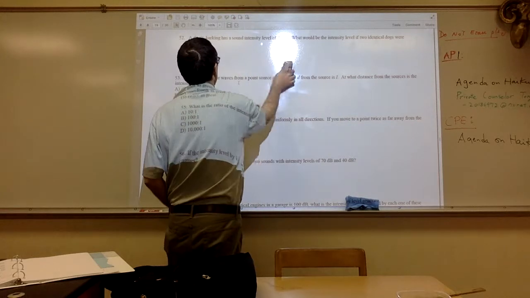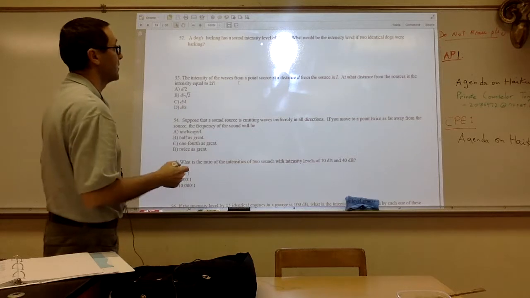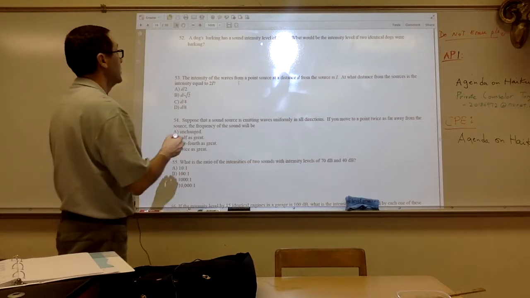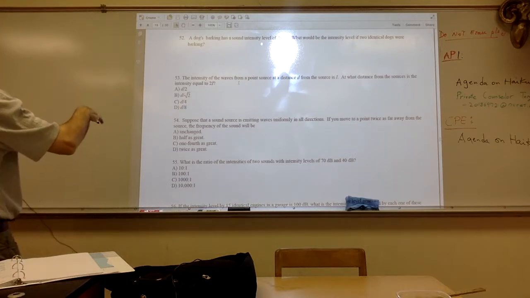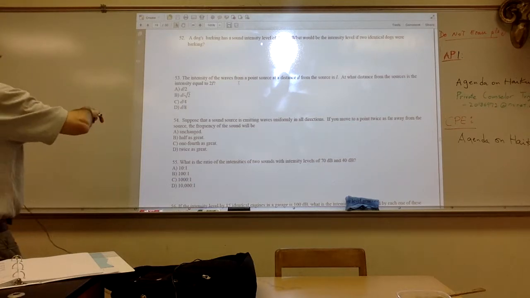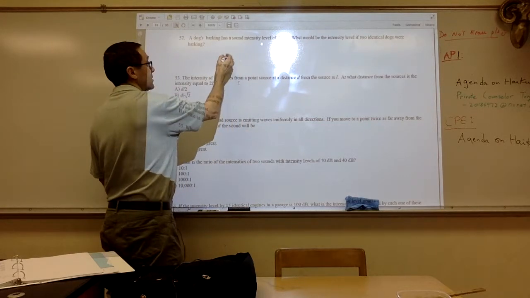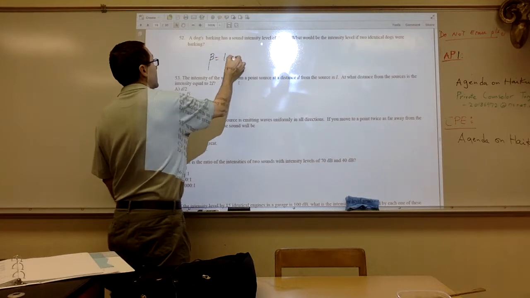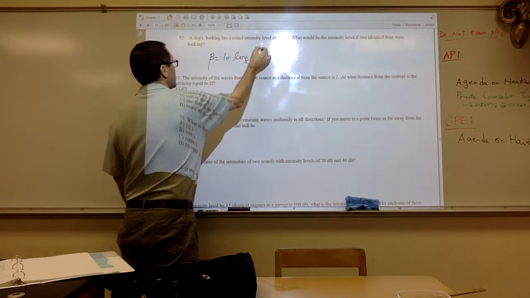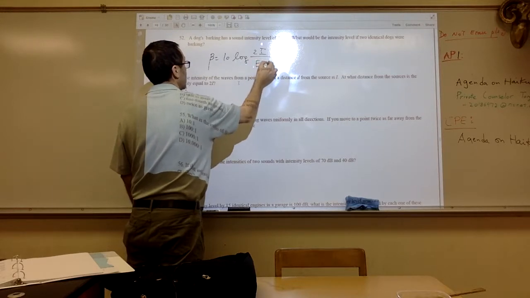A dog's barking has a sound intensity level of 40 decibels. What would be the intensity level if 2 identical dogs were barking? So now you can do this the long way, where you can find the intensity, double it, and then find the new decibel level, or you can just use your properties of logs to do this the quick way. So beta is going to be 10 log the intensity of 2 dogs divided by threshold of hearing.